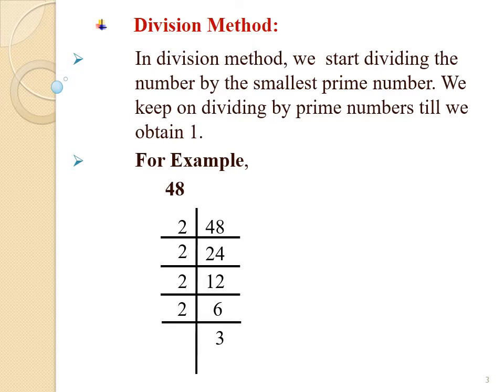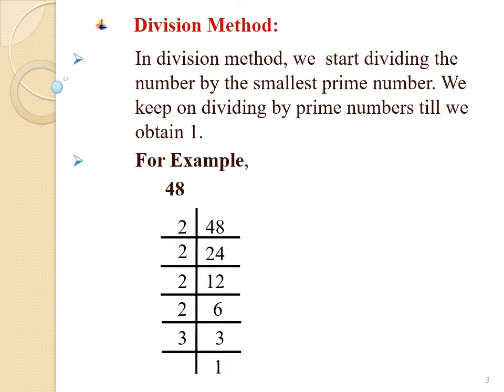Students, 3 is not divisible by 2 as 3 is an odd number. 3 is only divisible by 3, which is the next prime number. Thus, dividing 3 by 3, we get quotient 1, which we have to write below 3.